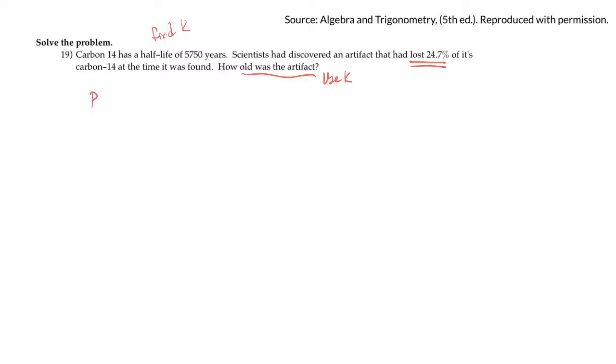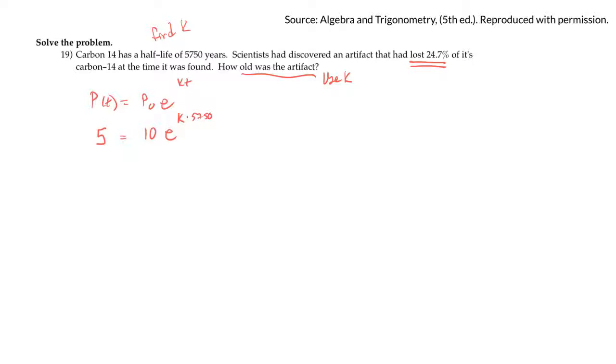Both steps will be using this formula: P of t equals P0 e to the kt. If they say half-life, you can start with any amount. P0 is the starting amount. So let's say we start with 10. Half-life means that this 10 decays down to 5, which is half of 10, times e to the k, and it takes 5750 years.